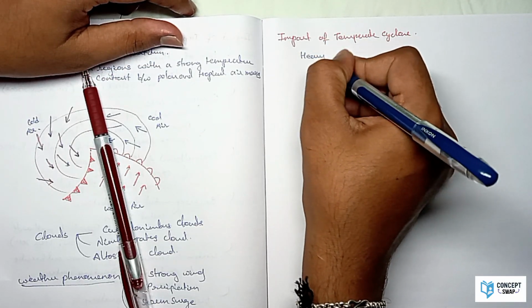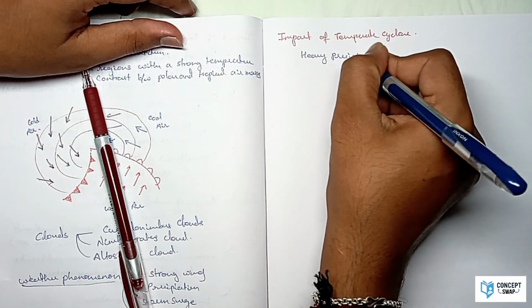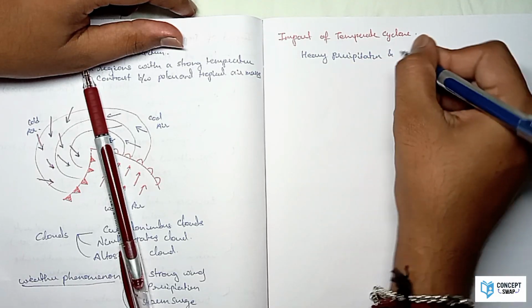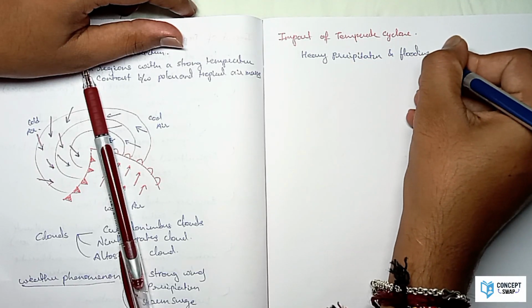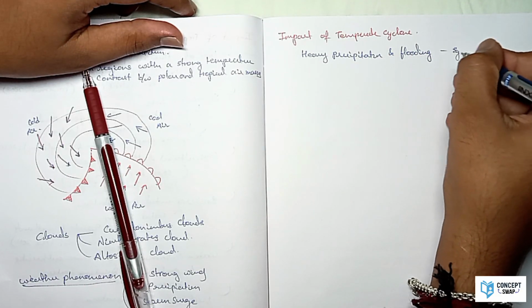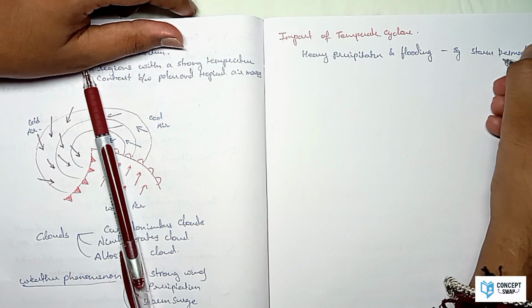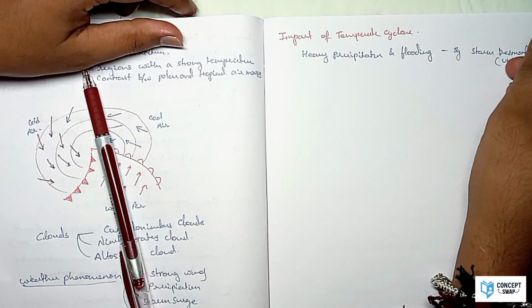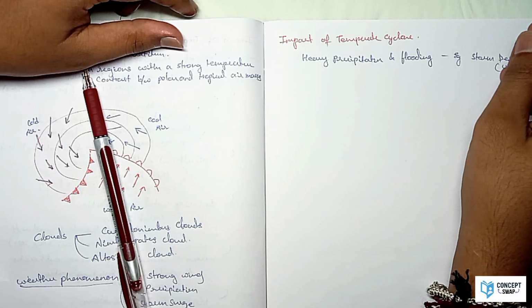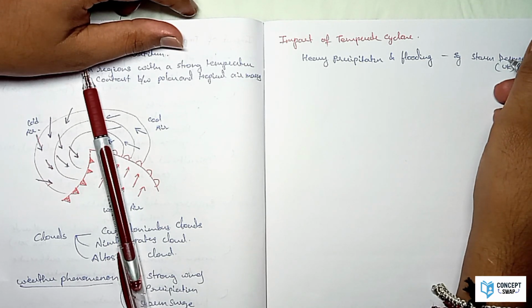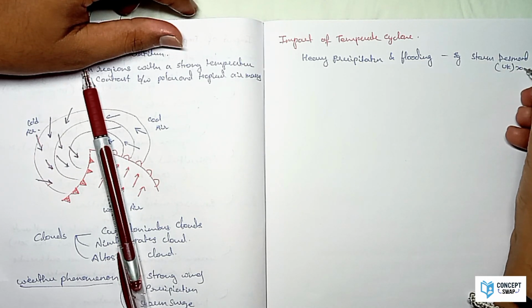Heavy precipitation and flooding. Example, Storm Desmond in the UK. UK means not Uttar Karnataka or Uttarakhand, it is the United Kingdom, 2015.